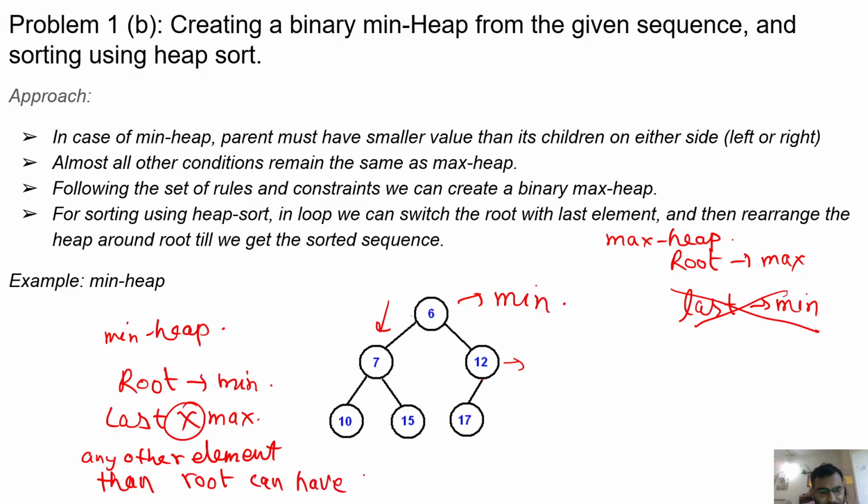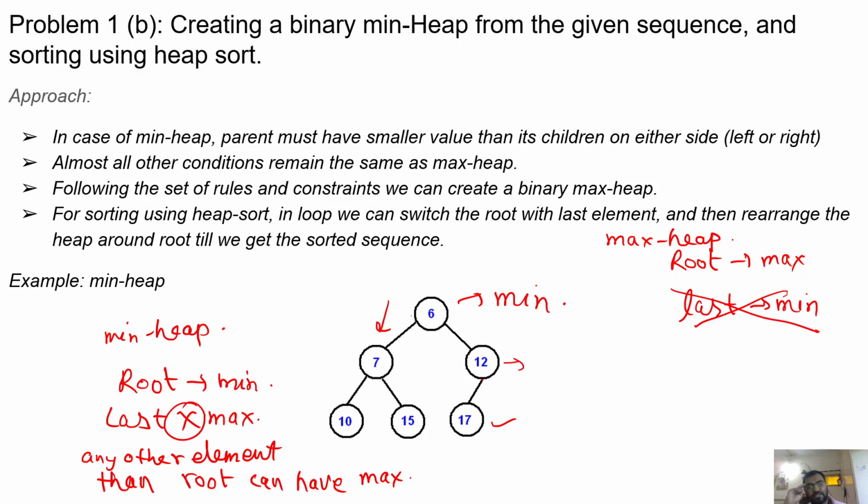In this case, by chance the last node has the maximum value and the root has the minimum value, but there can be a possibility that the last node is not the maximum value in case of min heap. So we need to be careful about that. I think by mistake I mentioned that. But anyway, we'll be using the same rules as we have discussed in case of max heap.